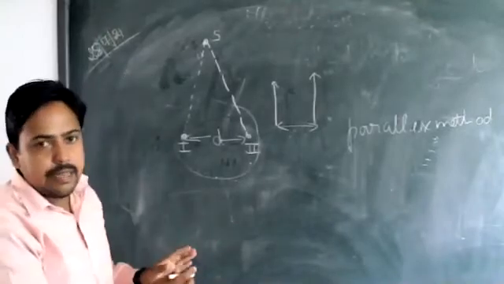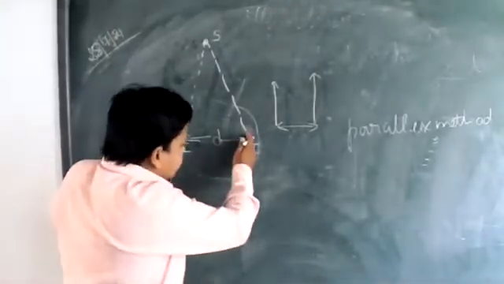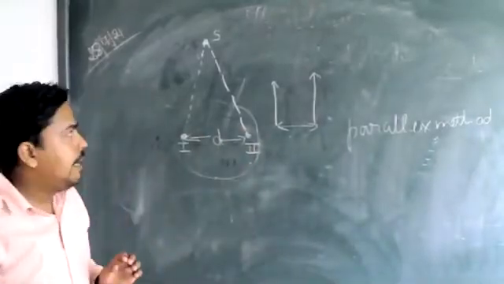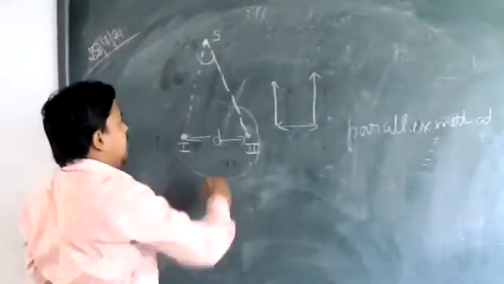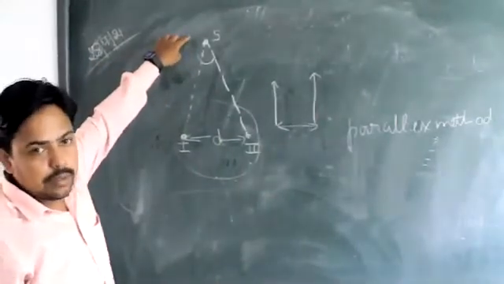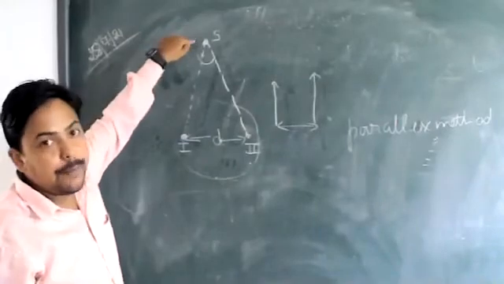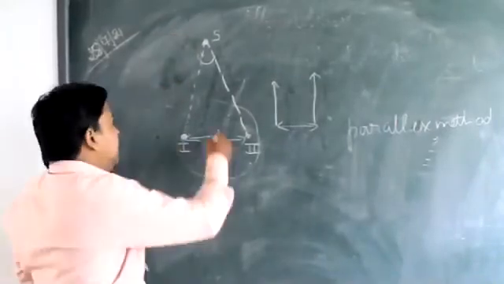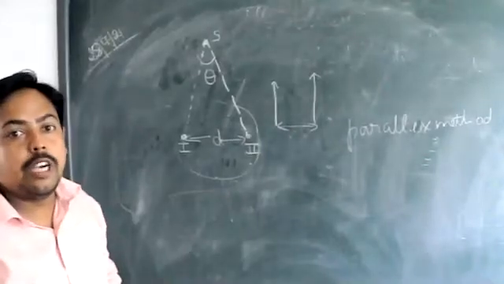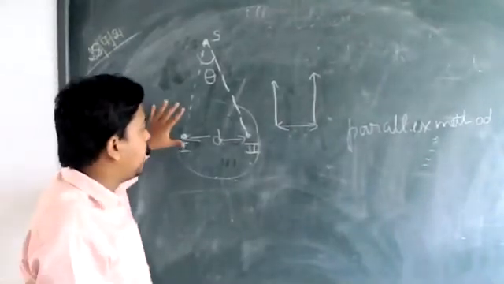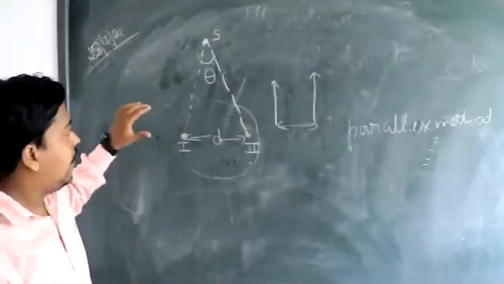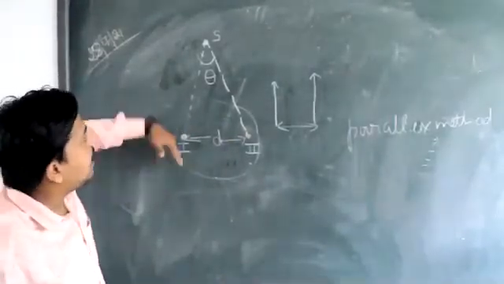At the same time we can see that the distance between the two points of observation makes some angle at the source, and this angle is denoted by theta. This method is known as the parallax method, because here we are calculating the large distance.